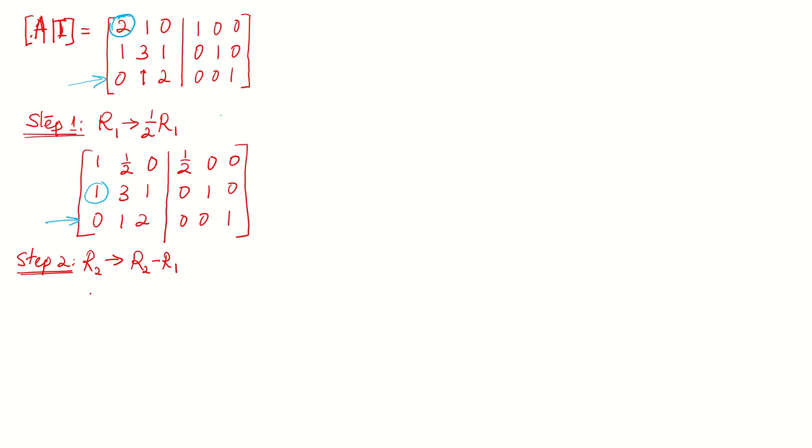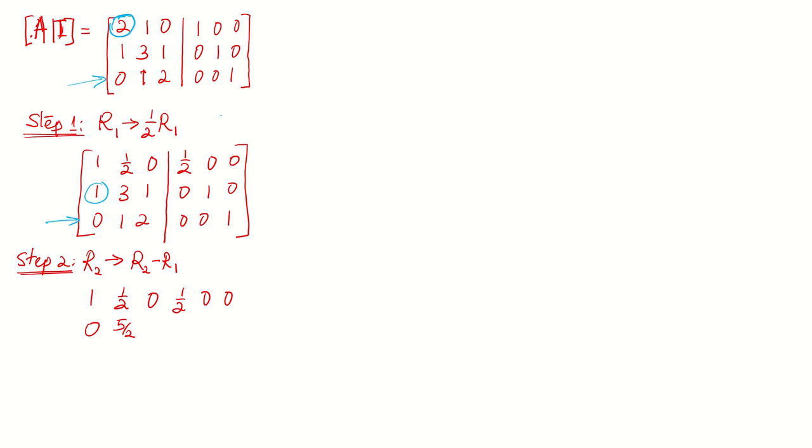So row 1 will remain the same: 1, 1 over 2, 0, 1 over 2, 0, 0. Then row 2 becomes, don't forget we're doing R2 minus R1, so 1 minus 1 is 0, 3 minus half is 5 over 2.